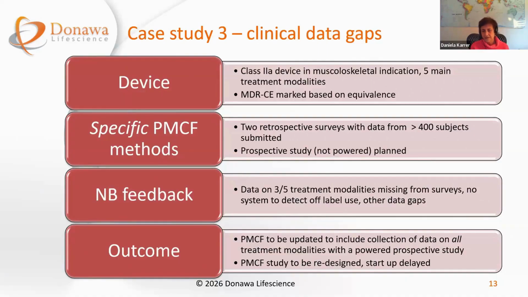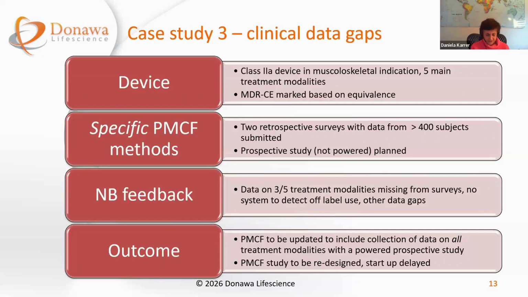At the time, the notified body saw the plan and even saw the data, because in the meantime they had performed 2 retrospective surveys with data from more than 400 subjects, and they planned a prospective study. The feedback was that the survey was nice, as long as it contained data on all treatment modalities, which was not the case. There were missing data on 3 out of 5 treatment modalities.